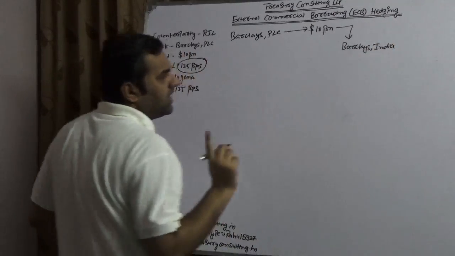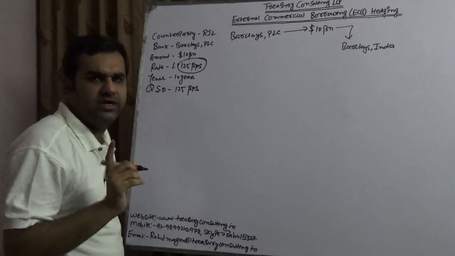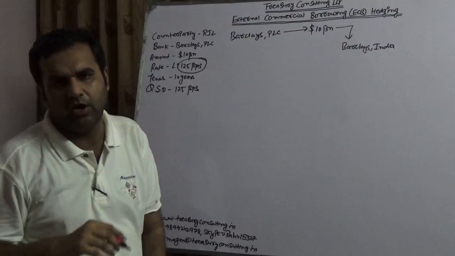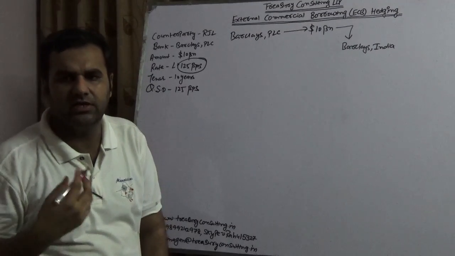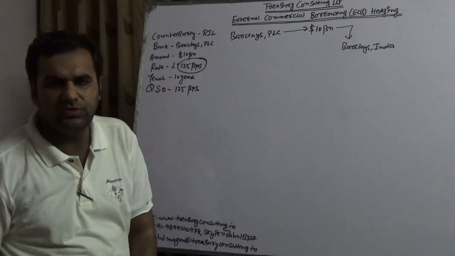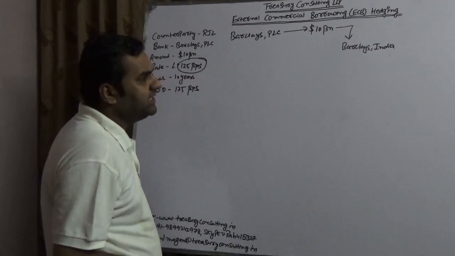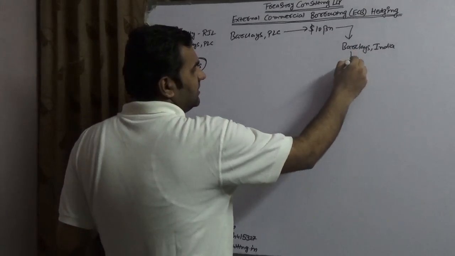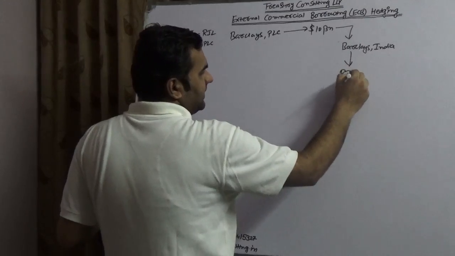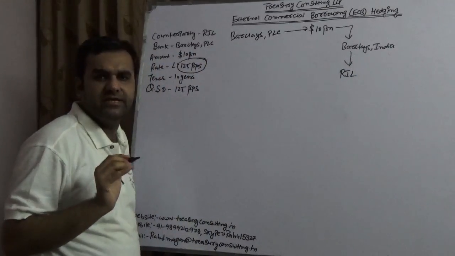Barclays India would act as the sub-account in India and would do all kinds of transactions with the Reserve Bank of India: all kinds of reporting, regulatory reporting, ECB reporting, the forms which we need to fill, everything to be done by Barclays India. Barclays India will deal with Reliance Industries Limited because they need the $10 billion.